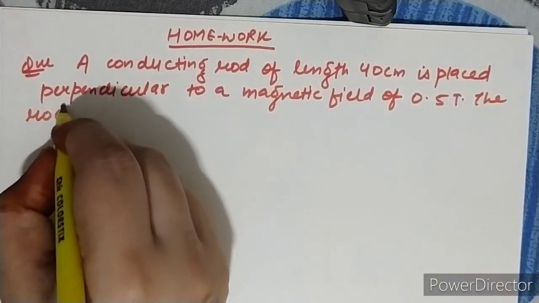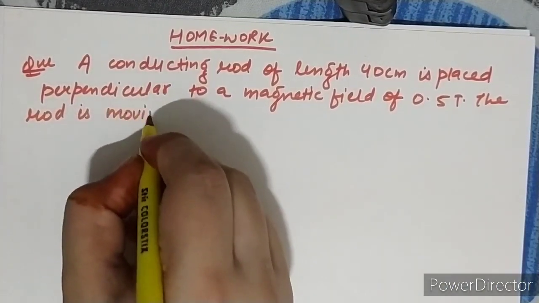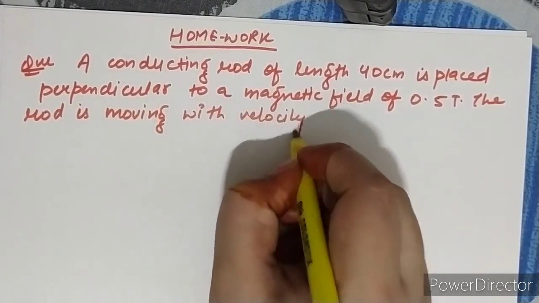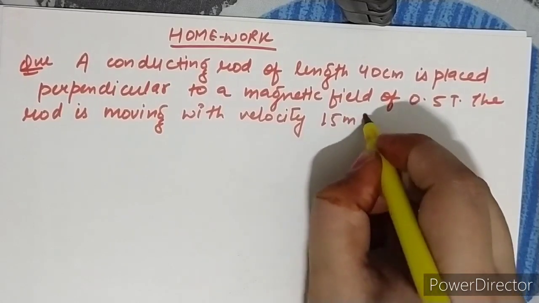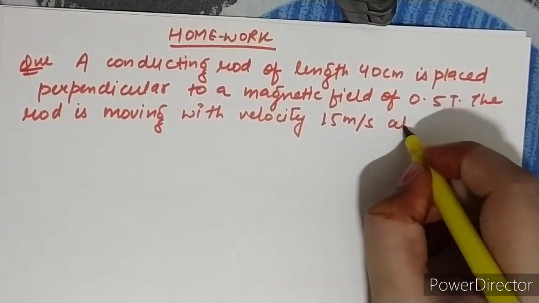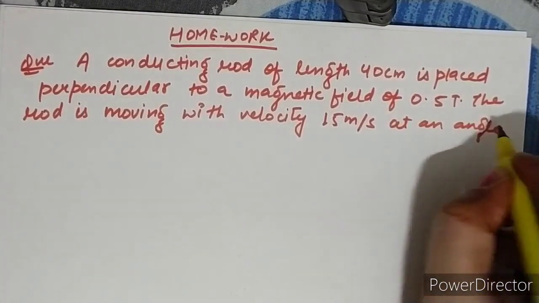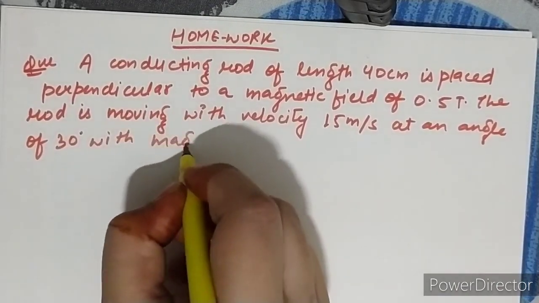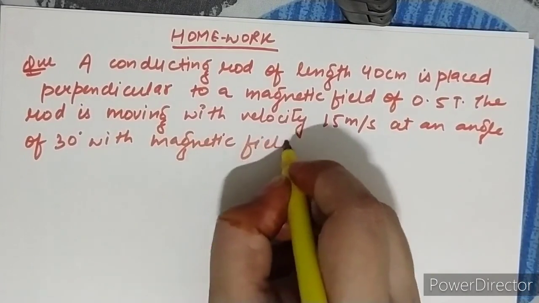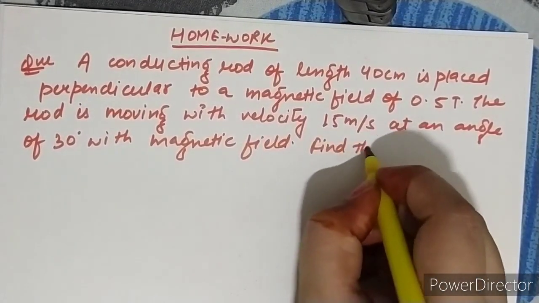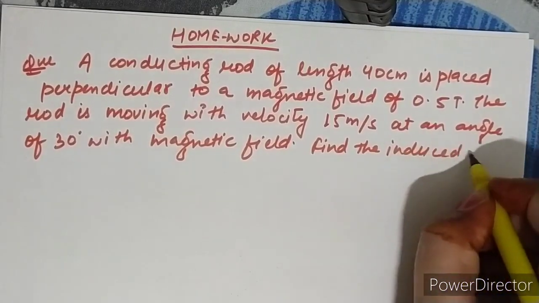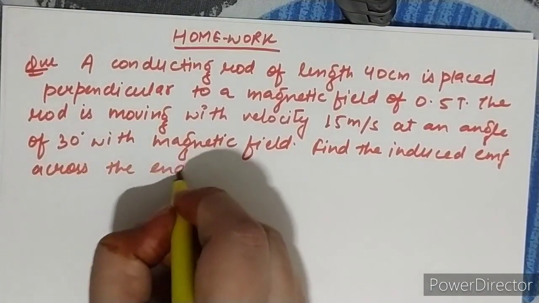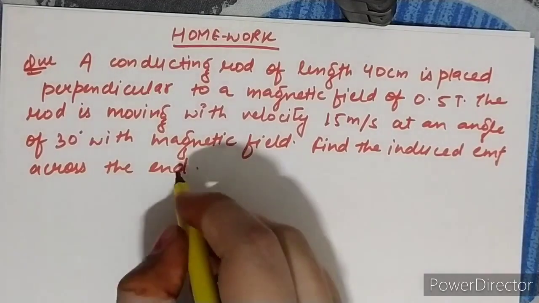The rod is moving with velocity 15 meter per second at an angle of 30 degree with the magnetic field. Find the induced EMF across the rod.